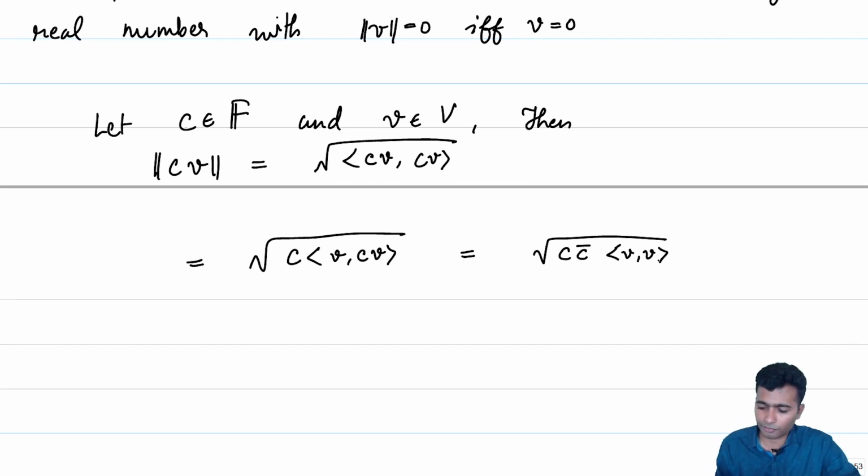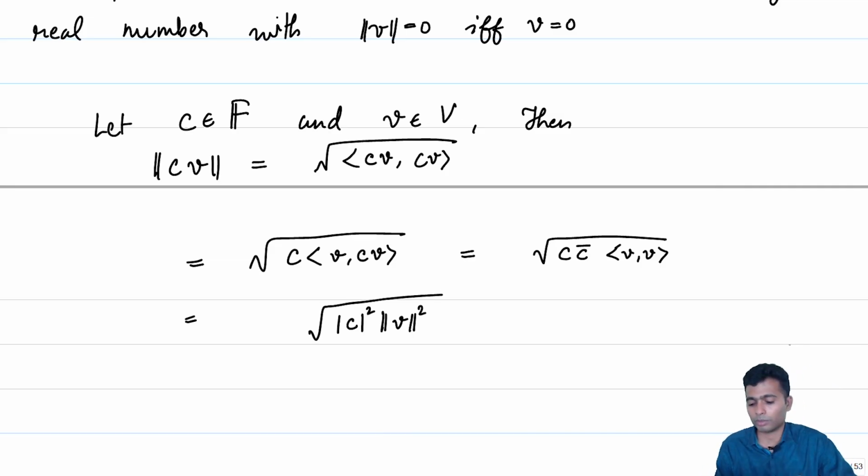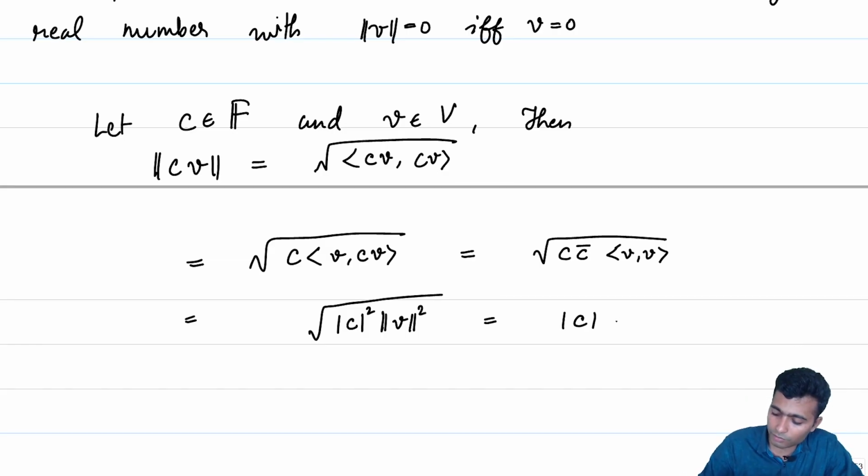But what is the inner product of v with itself? It is the norm of v squared. And what is the product of a complex number with its conjugate? It will just be the square of the absolute value. So this is just going to be the square root of mod C squared times norm v squared, which is mod of C times norm of v.